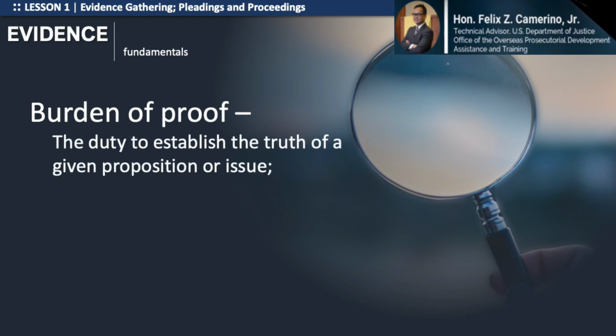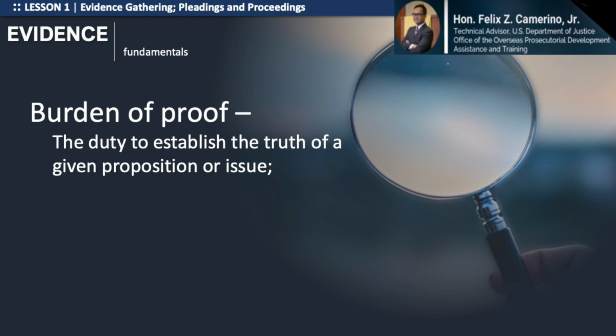So the burden is on the government, more specifically on the prosecution team, which comprises the prosecutor and the investigator. It's their duty to establish the truth of a given proposition or issue. So, of course, the proposition is that this person cut, gathered, collected timber without a license or without a permit, right?